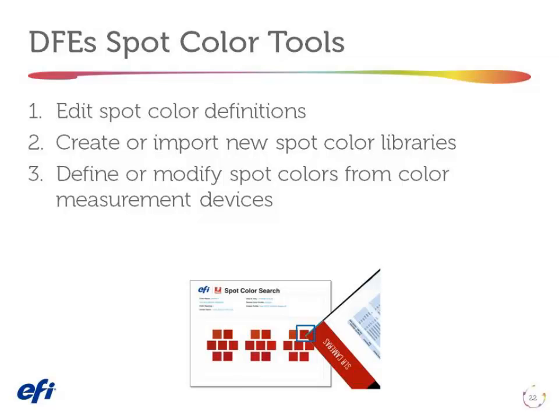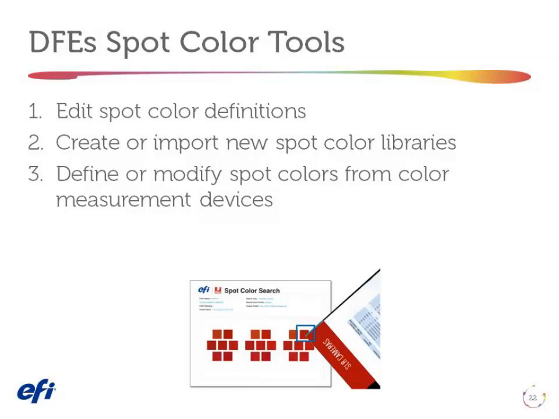We also need to be able to import new spot color libraries, and the example I gave earlier is this new Pantone Plus version 2, which they just released. If you can't import that on your DFE, you're not going to be able to match modern applications. As soon as they start to pick this up, you're going to see these colors that aren't in your DFE spot color tables.